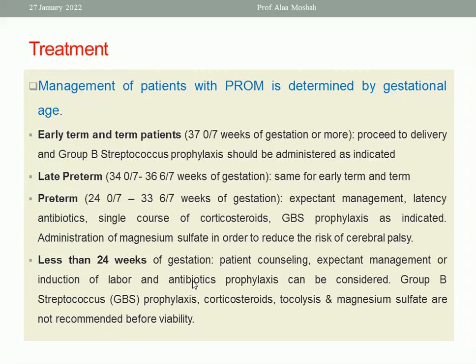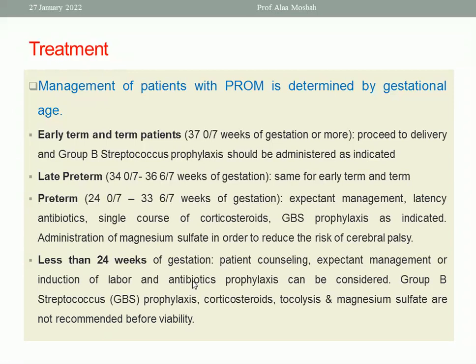In USA it is 20 weeks gestational age, in UK it is 24, in Egypt it is 28. So before that we consider it as a miscarriage. Okay, so termination as a miscarriage, if before medical legal viability, can be done after counseling the patient.